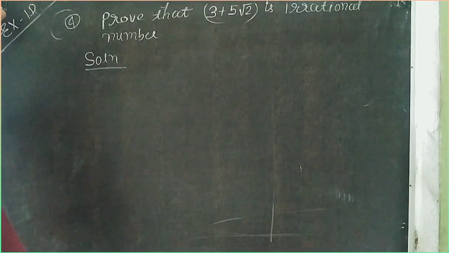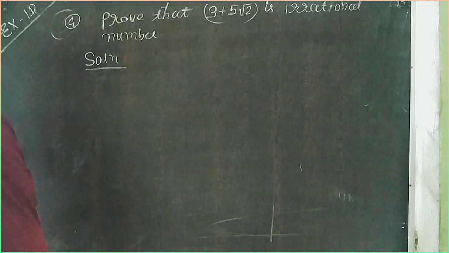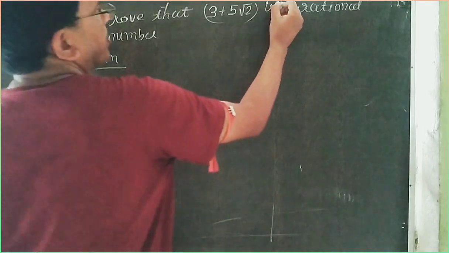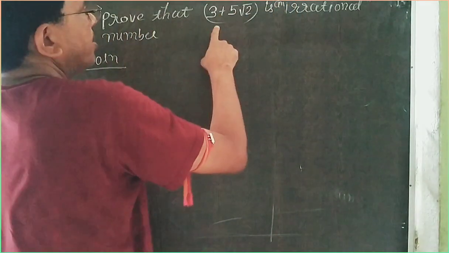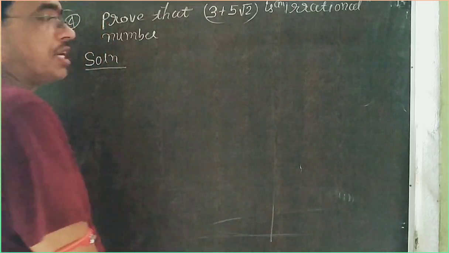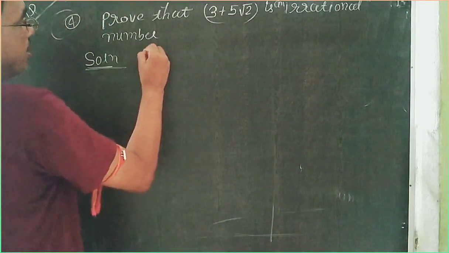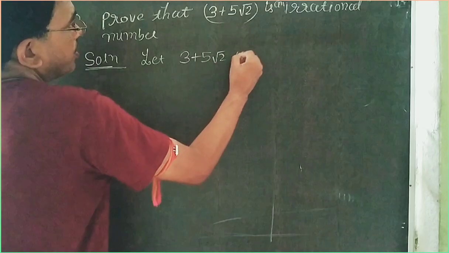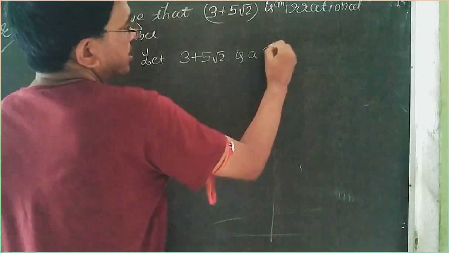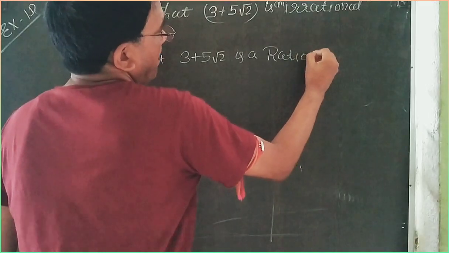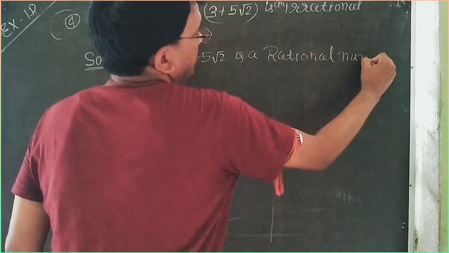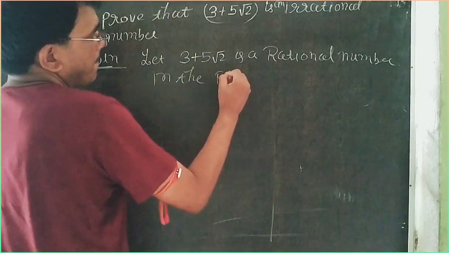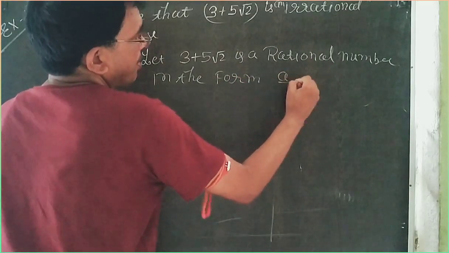Now your question is, prove that 3 plus 5 root 2 is an irrational number. So in the solution you write, let 3 plus 5 root 2 be a rational number in the form a by b.